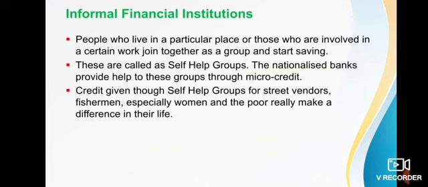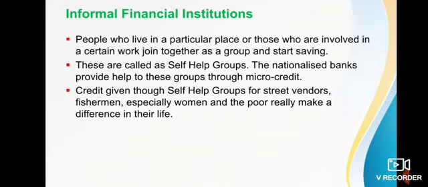Informal financial institutions. The people who live in a particular place or those who are involved in a certain work join together as a group and start saving. These are called self-help groups. The nationalized banks provide help to this group through microcredit.